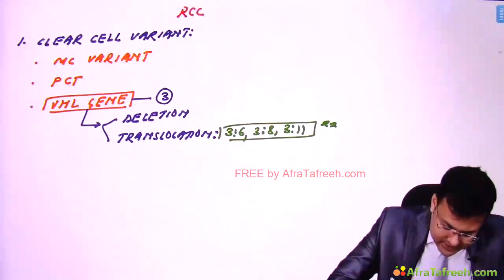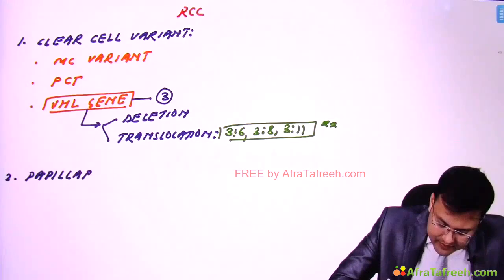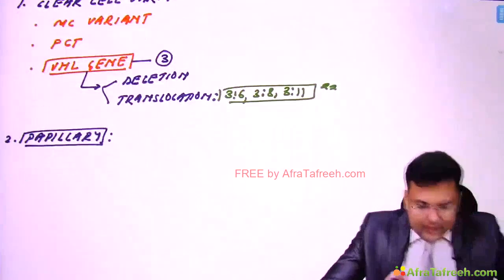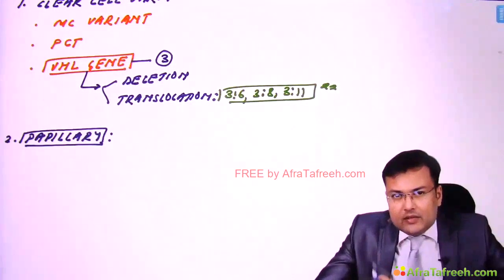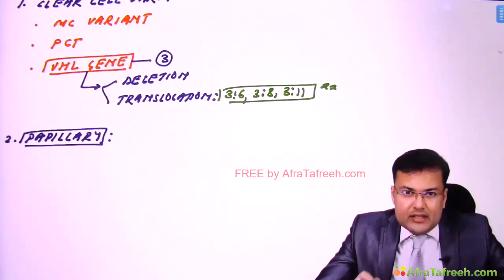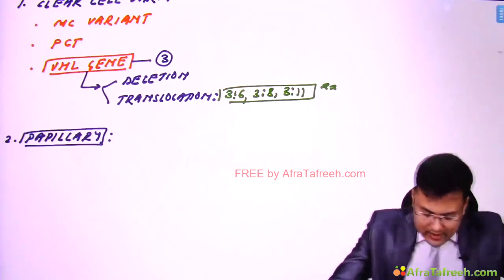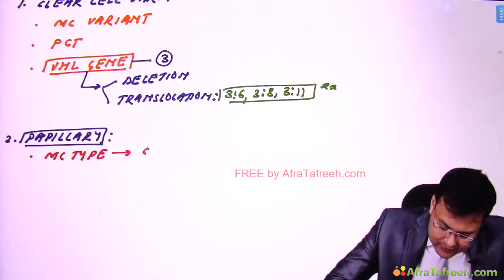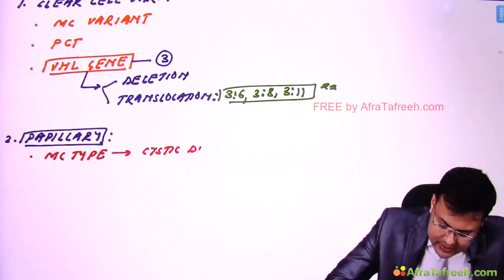Next is the papillary variant. This papillary variant of RCC is the most common type of RCC seen in patients of cystic disease requiring hemodialysis.